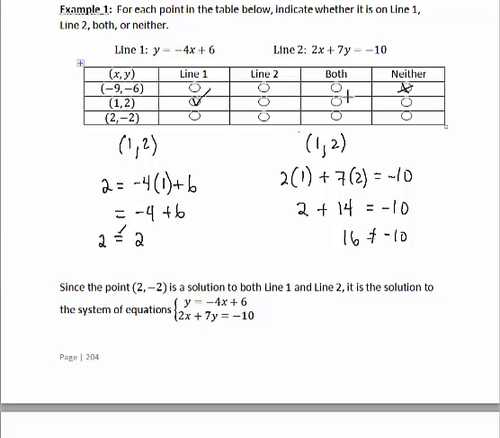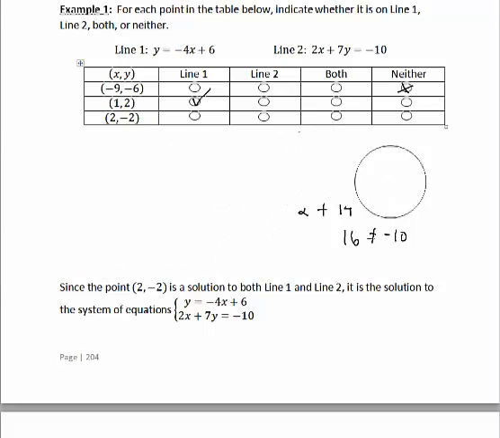And so the only one that we can check in this row for the coordinates 1, 2 is line 1. So we haven't found a solution to the system, an ordered pair that satisfies both line 1 and 2. Maybe this last ordered pair is our solution.